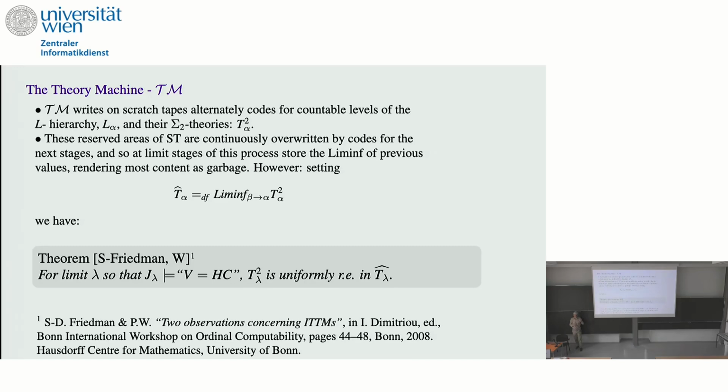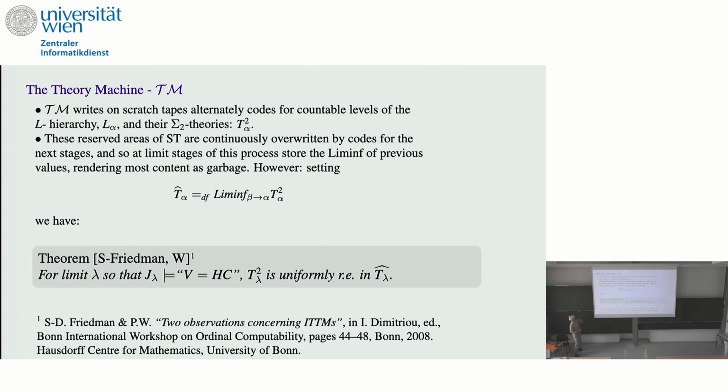What the theory machine does is say that actually we can look at computations of this kind and compute codes and theories for levels of the L hierarchy. And we can do this only so far, because the machine's only got a certain potentiality.